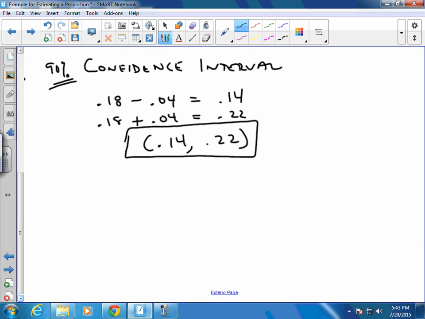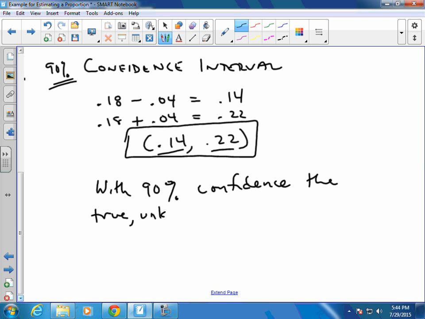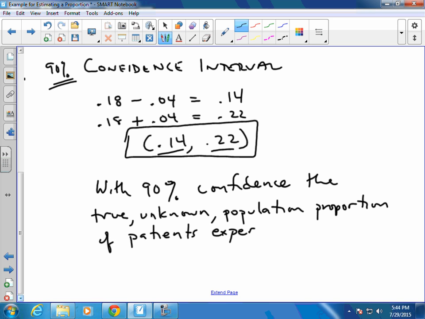If we're saying that our estimate for the sample proportion is between 0.14 and 0.22, and we did it at 90% confidence, we want to be able to write up an interpretation that says, with 90% confidence, the true, and it would be unknown, you would not know this actual true parameter, the true unknown population proportion of patients experiencing the fatigue as a side effect is between 0.14 and 0.22.